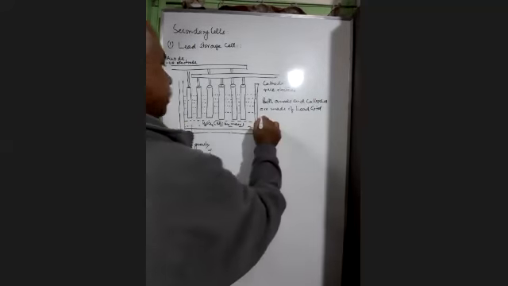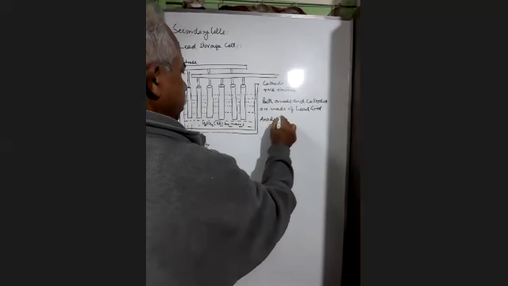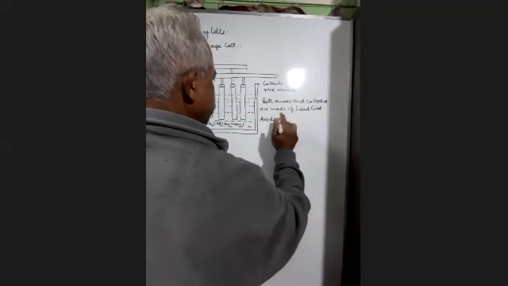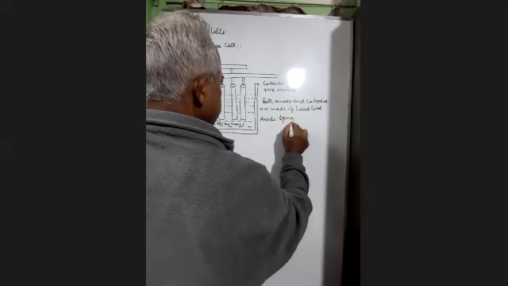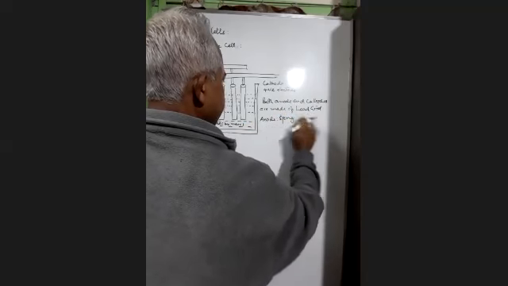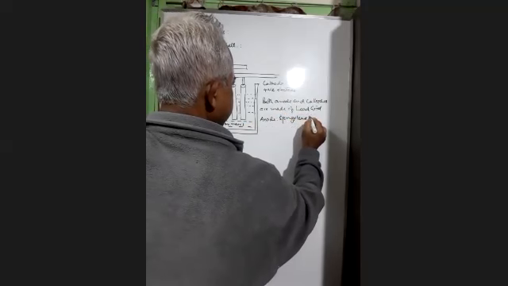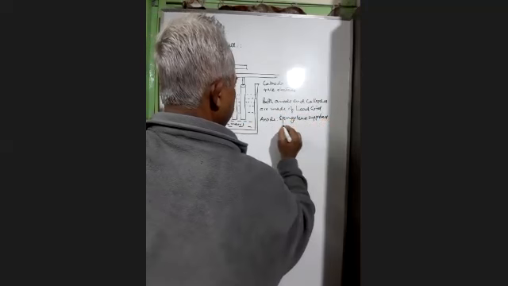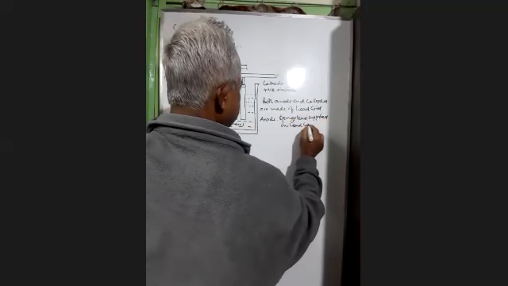So I'll write now here. Anode: spongy lead, spongy lead supported on lead grid.